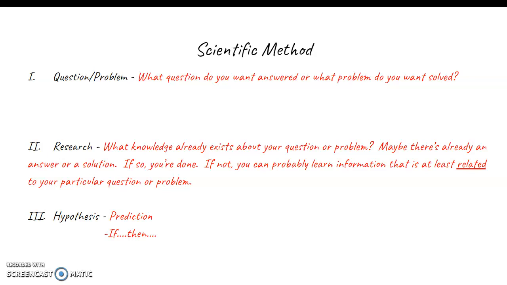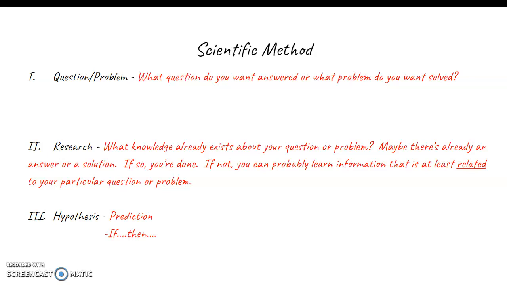In my particular example, I want to know whether sugar can help my students' brains so that they will do better on a test. So I'm going to make a prediction. And you'll notice here on the screen it says 2 words, if and then. I'm going to put my prediction into the form of an if-then statement.